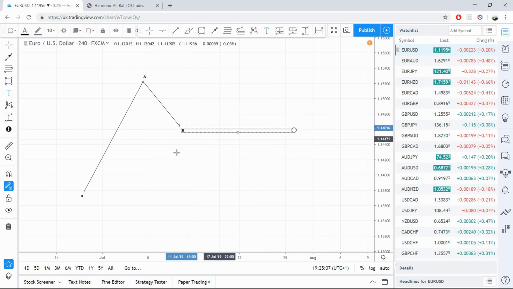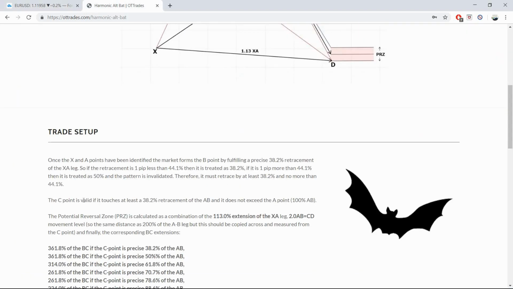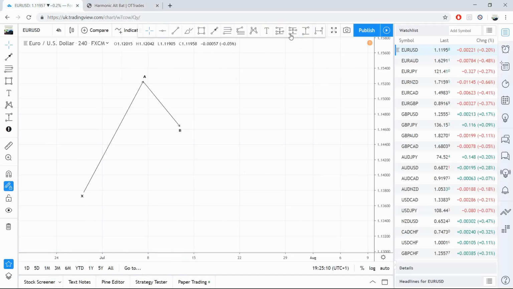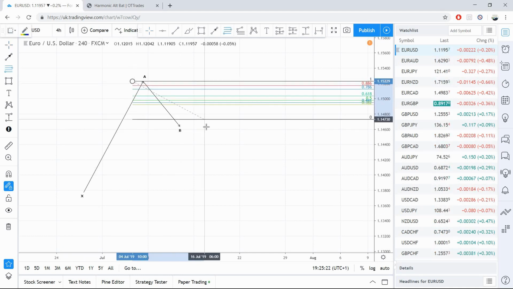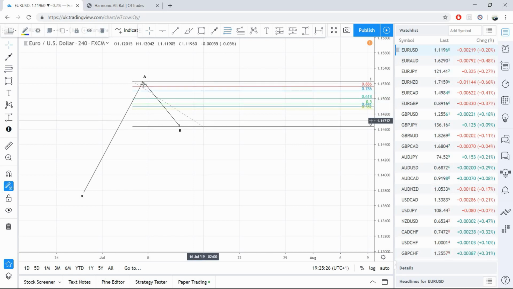Now for our C point. The C point is valid if it touches at least 382 retracement of A to B and does not exceed the A point or 100% retracement. So we're moving on from our X to A leg, we're moving to an A to B retracement.